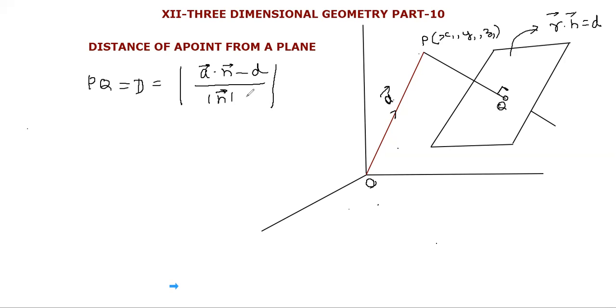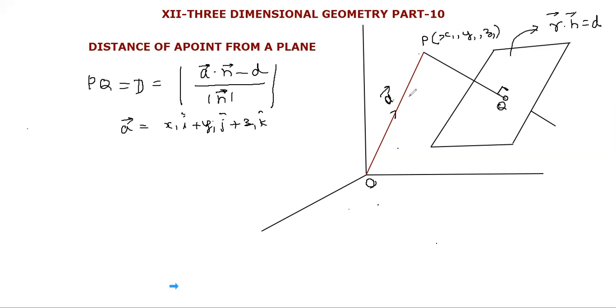Where a is the vector, if we write in the Cartesian coordinate system, whose coordinates are point P, the coordinates of point P x1, y1, z1. Therefore, the position vector of P is A, that is equal to x1 i cap plus y1 j cap plus z1 k cap.